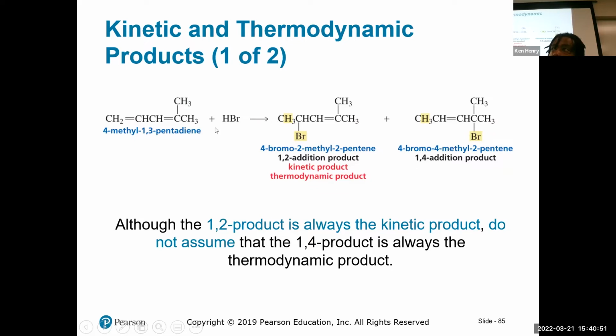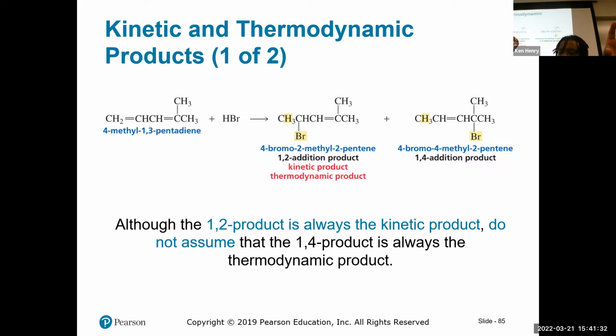In this case, the favored one is going to be the bonding on the second carbon compared to making more of a tertiary structure on the 4th carbon. So you're going to have both the kinetic product being favored and the thermodynamic product being favored.